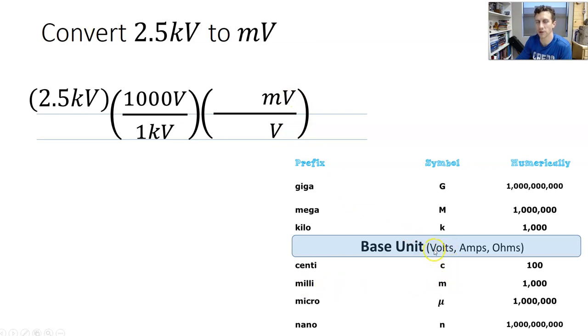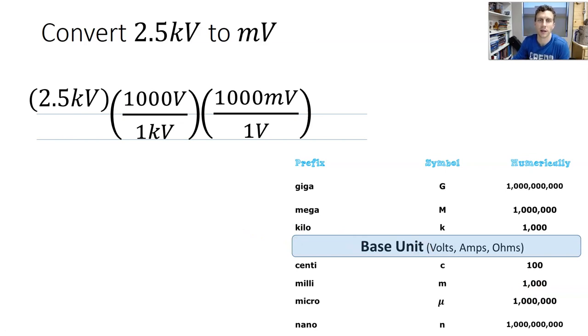So volts are higher, so they're bigger. A volt is bigger than a millivolt. And so we always put a 1 in front of the bigger one. Now we have to ask ourselves, how many millivolts are in 1 volt? Well, there's 1,000 millivolts in a volt.